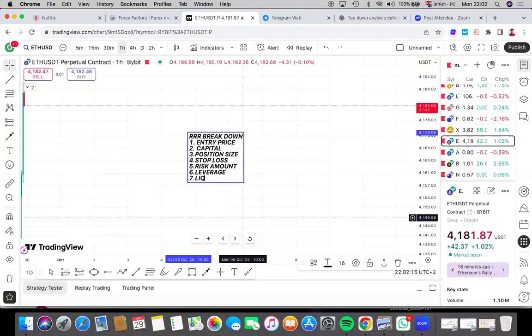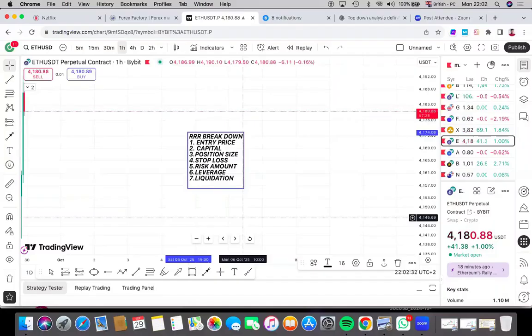You lose all the amount you are using to trade that position. So that's your liquidation.